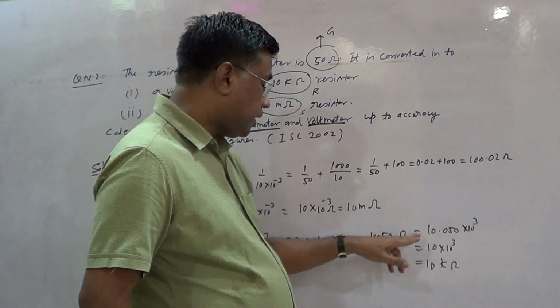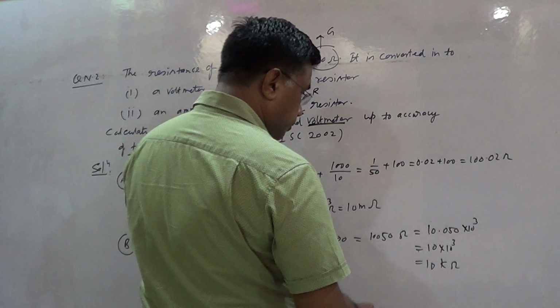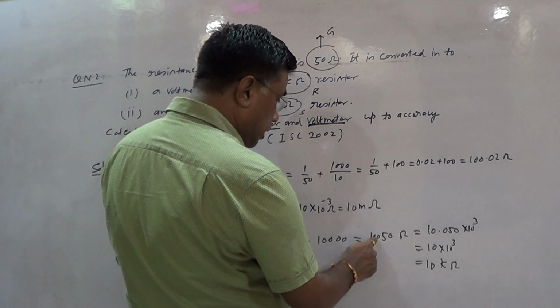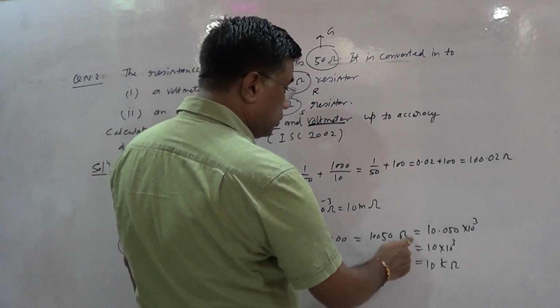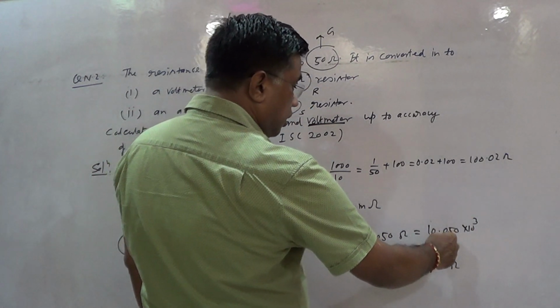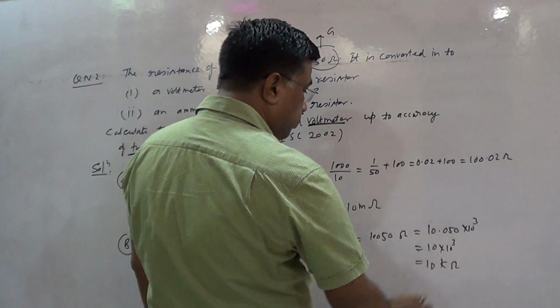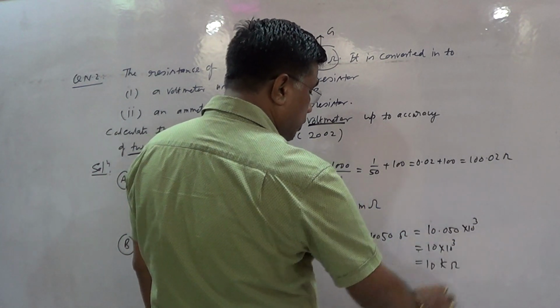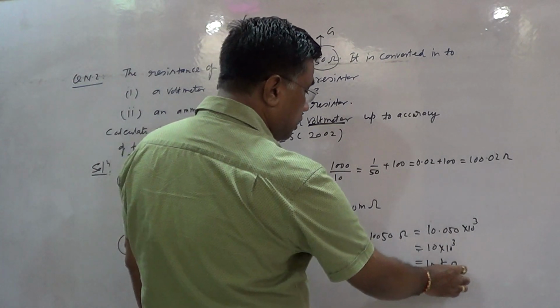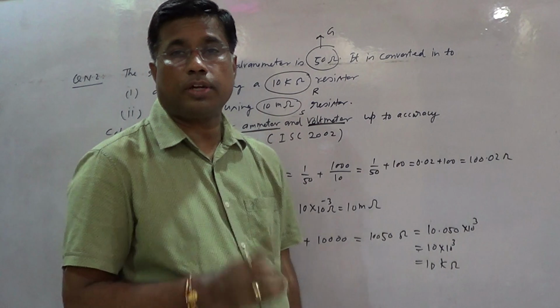So we will write the answer with the help of powers of 10. We can write it as 10.050 into 10 to the power 3. On rounding off, the 10 will remain, with 10 to the power 3. So finally it is 10 kilo ohm. So it also has only two significant figures.